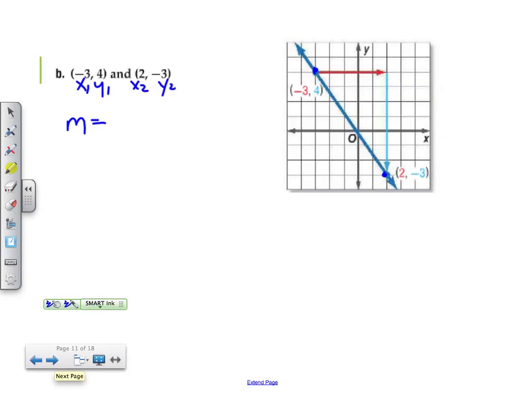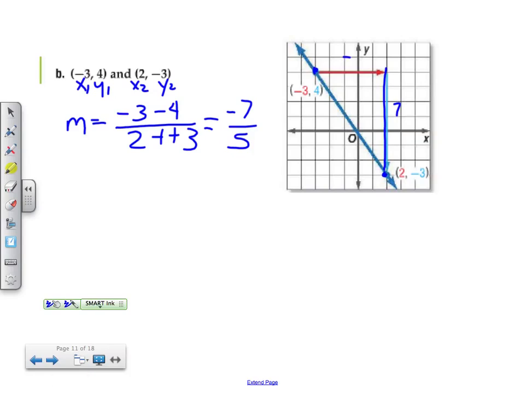So we're going to go y2 minus y1, so that'll be -3 minus 4 over 2 minus a minus 3. Plus, we get -7/5. And that means this is up 7 and over 5. Sorry, bad writing. Okay? And it's a negative slope. It's going up to this corner, and we'll talk about that in a minute.